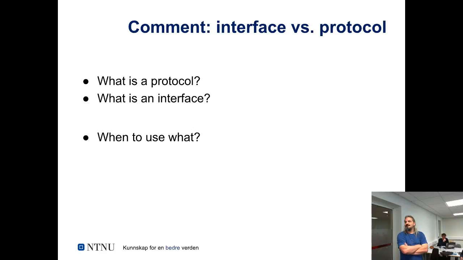Is the interface higher level? I would usually go the other way. An interface you might consider a specific instance of a protocol. A protocol describes the way in which we discuss things. An interface is one specific instance of how you interface with a particular thing.